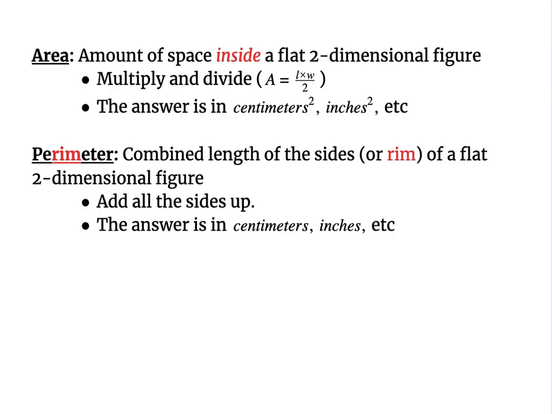It could be feet, miles, what have you, because you're only adding up the lengths. So for perimeter, it's only the length, while for area, it's the length and the width. That's why you have two dimensions and the units are squared. So again, make sure this is in your notebook, and we're going to go over some examples.